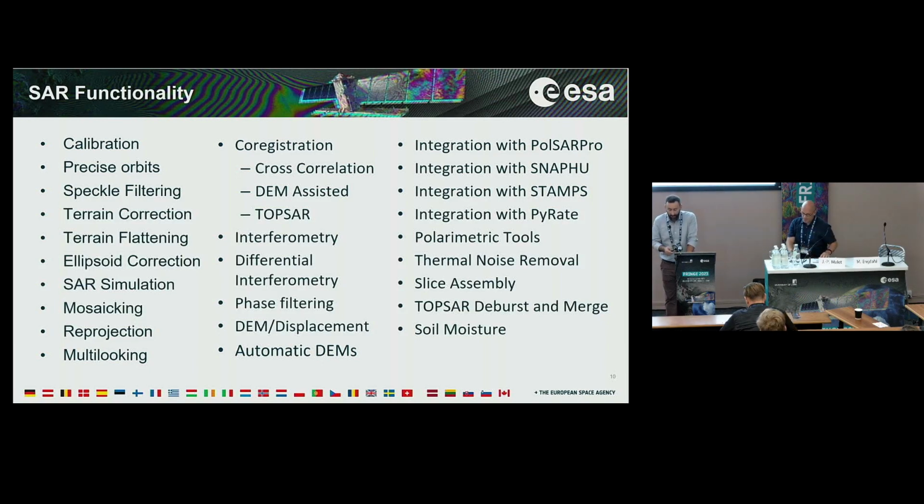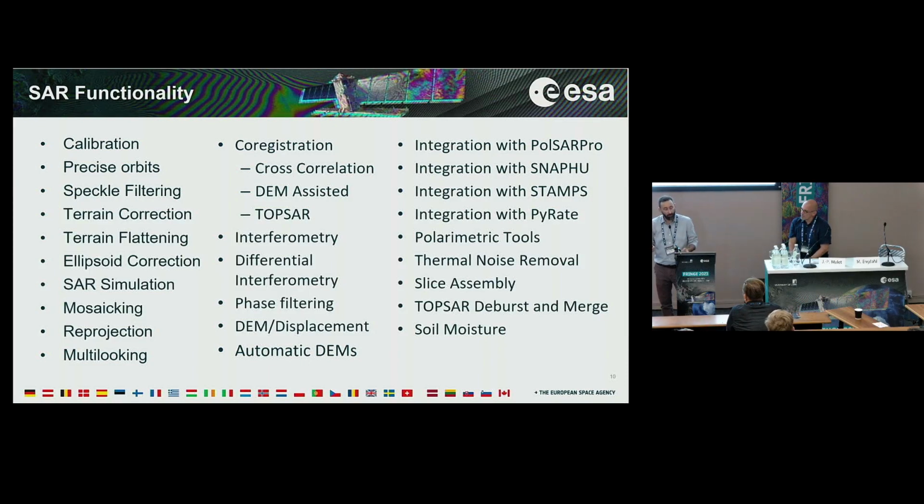Another very important advantage of the tool is, and by the way, I'm not advertising just to advertise, but it is something that, if you have dealt with processing, you will understand the problems. For instance, automatic DEMs. If I decide right now to process over Morocco, I need to fetch the DEM data over Morocco, stitch them, and prepare them in the format of the specific software in order to use them.